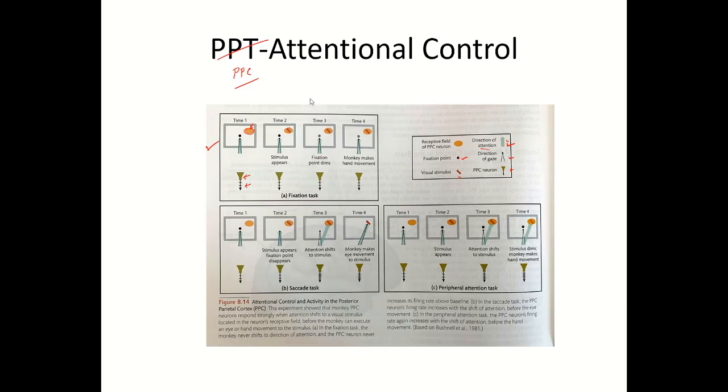You see that red bar, however the monkey was trained not to pay attention to the target that appeared inside the receptive field. During the entire period, the monkey had to keep paying attention to the fixation point. And you see here the fixation point color changed. It becomes dim.